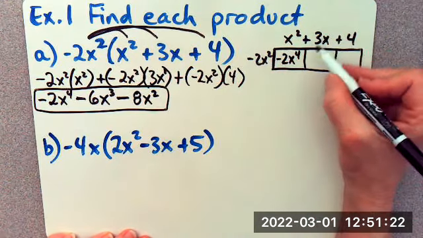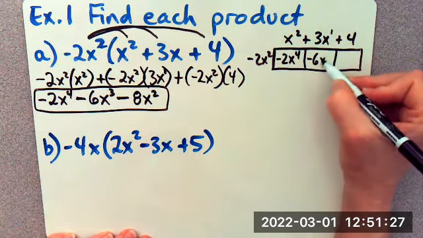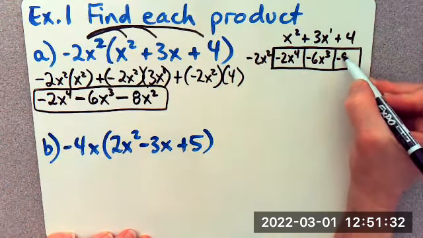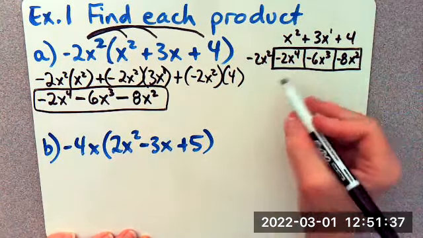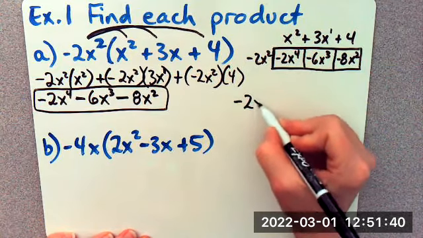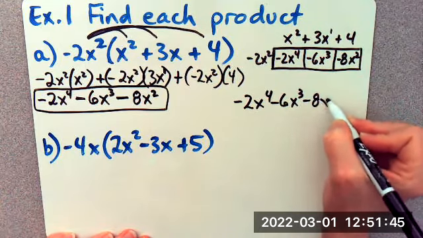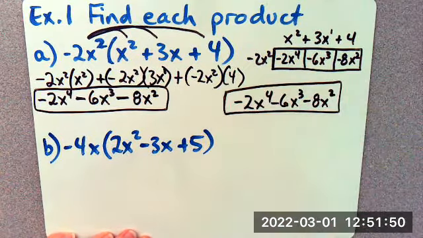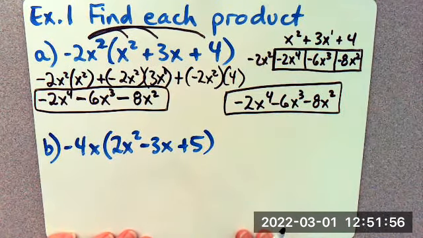Negative 2 times 3 is negative 6, and x squared times x to the first is x to the third. And negative 2 times 4 is negative 8, and we just have x squared. So we see we have the same thing, negative 2x to the fourth minus 6x to the third minus 8x squared. Okay, so those are two different techniques you can use. The box is a very nice way to visually sort it out versus doing a bunch of parentheses like this.